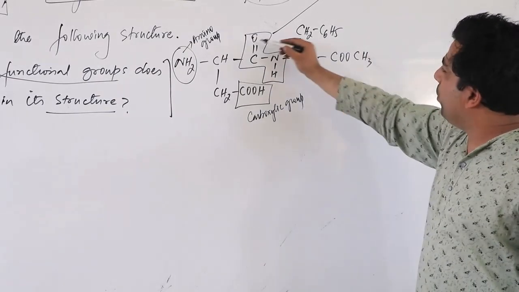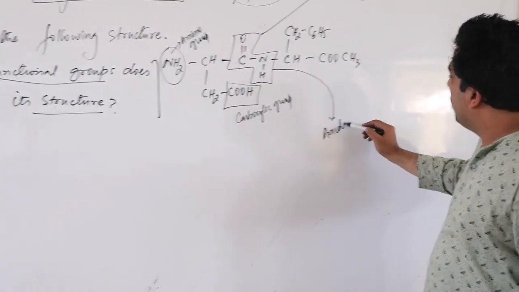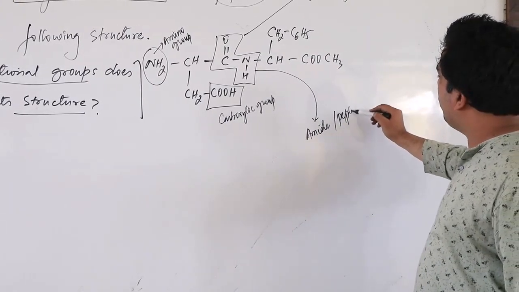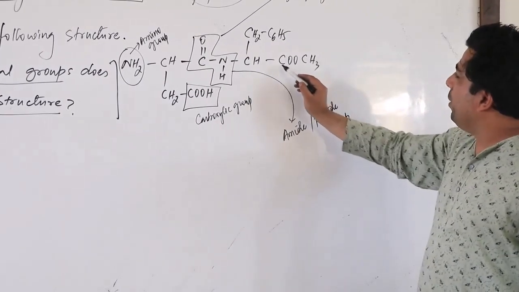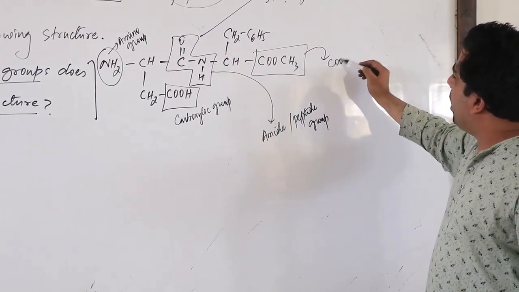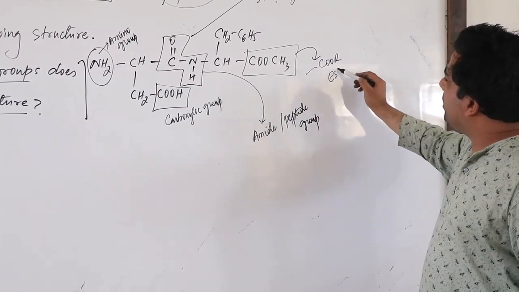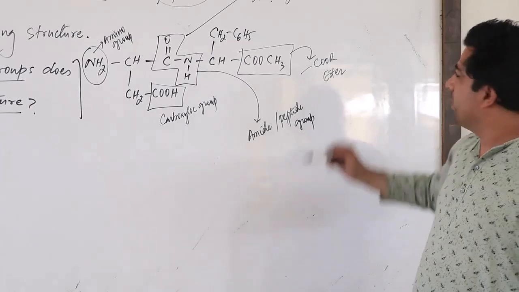If you look at CONH, this is nothing but amide, or we can say peptide group. So 3 functional groups. Then COOCH3 is similar to COOR, that is nothing but ester. So my dear friends, we have here 4 functional groups.